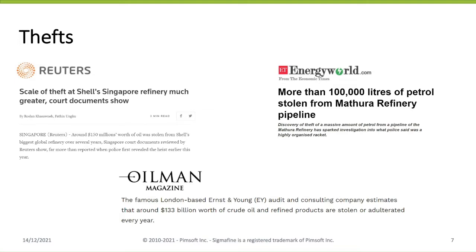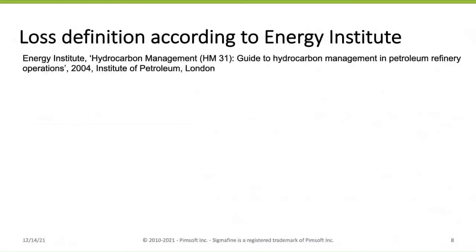Moreover, Ernst & Young estimated that worldwide in 2021, around $133 billion worth of crude and refined products are stolen or adulterated every year, which is quite an impressive figure. So today we have identified already some important reasons why we should care about refinery losses.